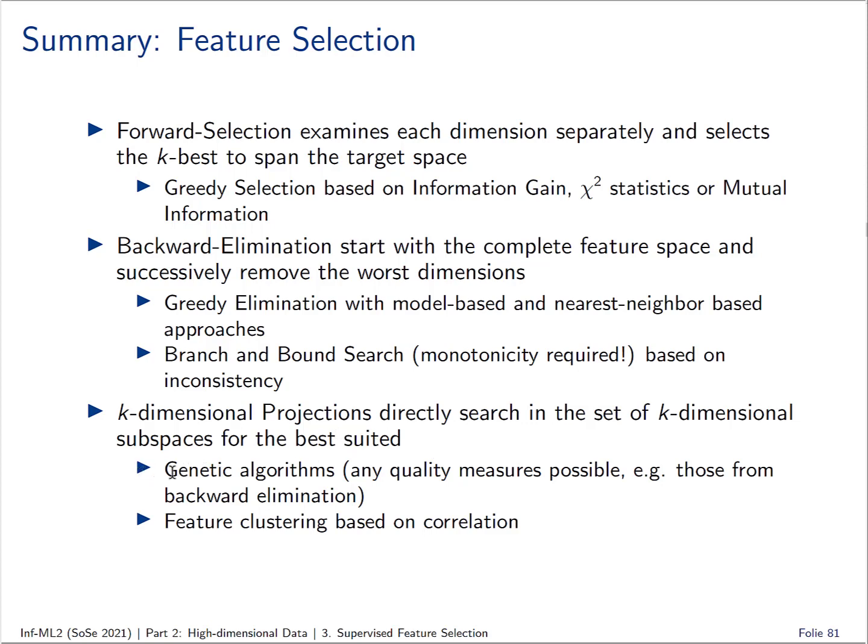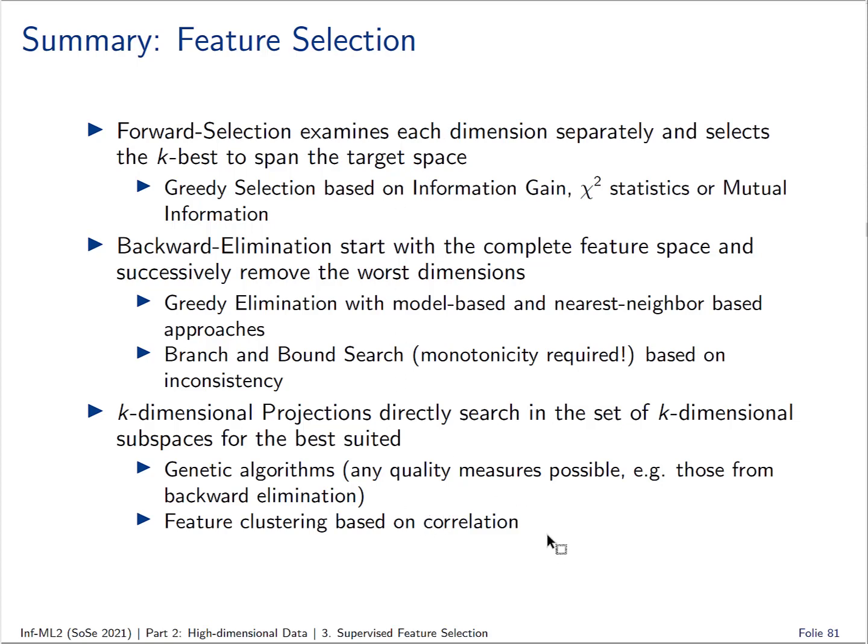In that case, we had genetic algorithms. Here, any quality measure is possible, for example those here or those here, no problem. And we also saw lately the feature clustering idea, which is based again on a pairwise examination of pairwise correlations among the features.